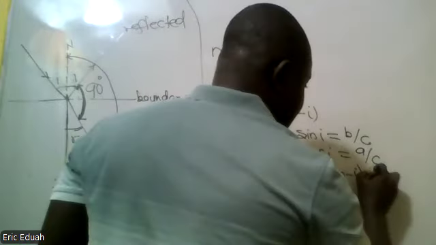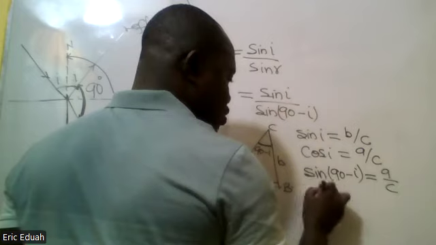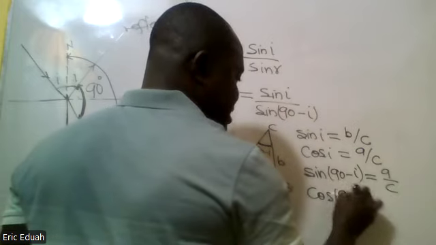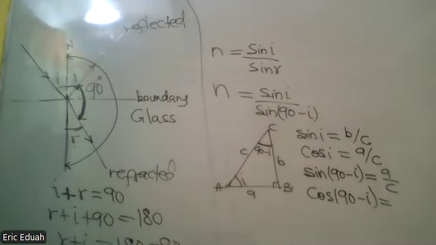So A over C. And cosine of 90 minus I. B over C. Good. B over C.